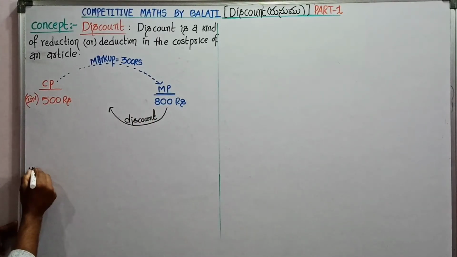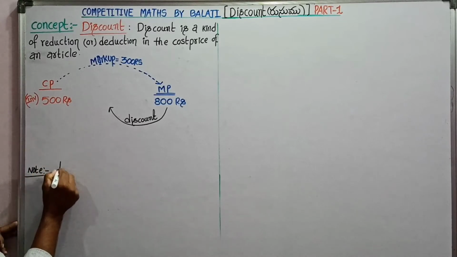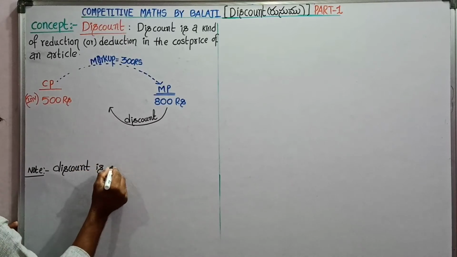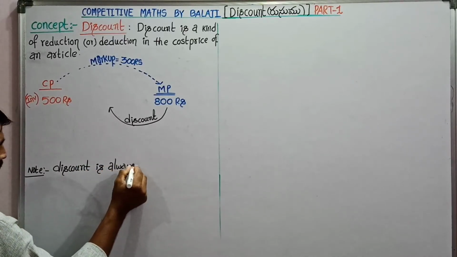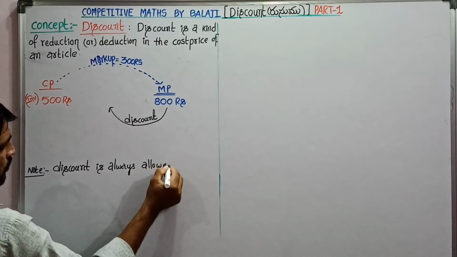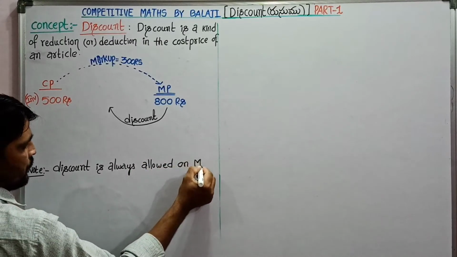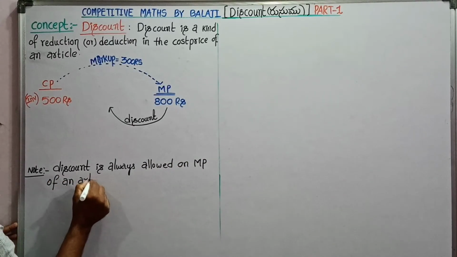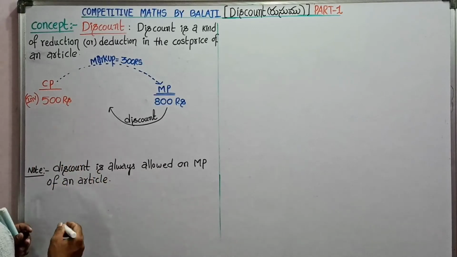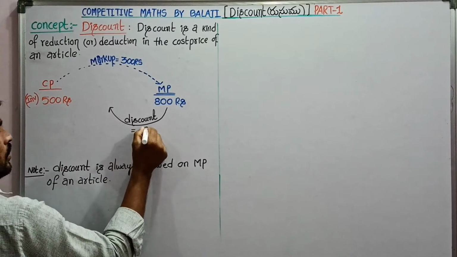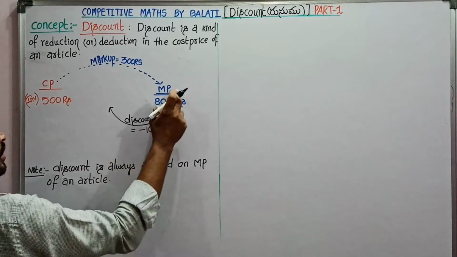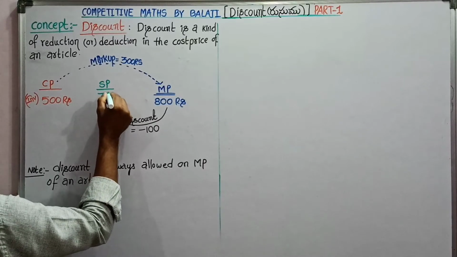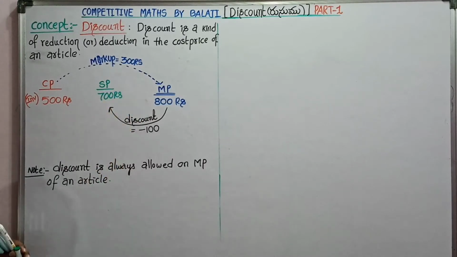Yes, we have a note that discount is always allowed on market price of an article. Suppose he gives 100 rupees discount on 800 rupees, and sold the shirt for SP 700 rupees.